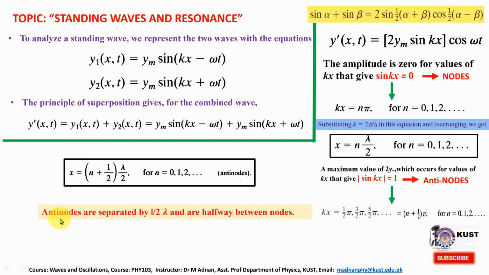But the distance between the nodes and antinodes will be fixed. That is, antinodes are separated by half lambdas and are halfway between nodes. This will be fixed for all kinds of waves, but these conditions will change once we change the profile of the incident traveling waves.